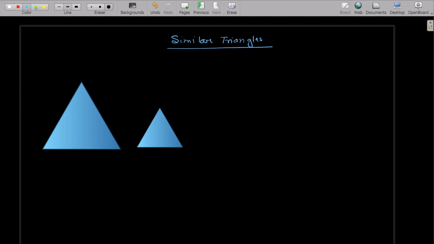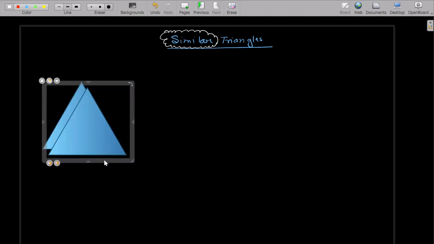Now, first, let's try to understand the meaning of the word similar. Any two figures can be similar, not just triangles. It can be anything: similar squares, similar trapezoids, similar circles. Similar figures are those figures which, just imagine a figure and you increase that figure by some ratio. For example, what I did here, I first copied this triangle and I pasted it.